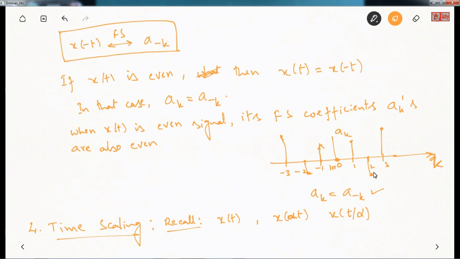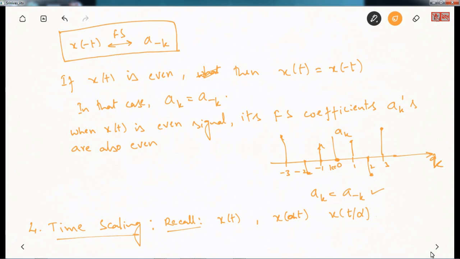Think about it. Then similarly, if a signal gets stretched along the time axis, then the period gets changed. The period either gets reduced or increased depending on the time scaling.